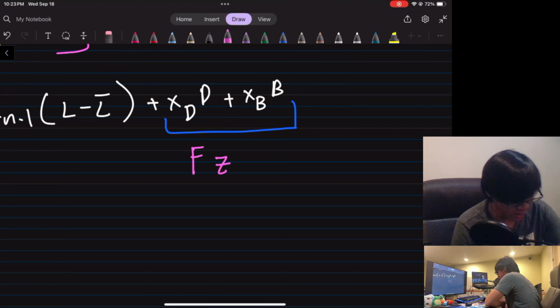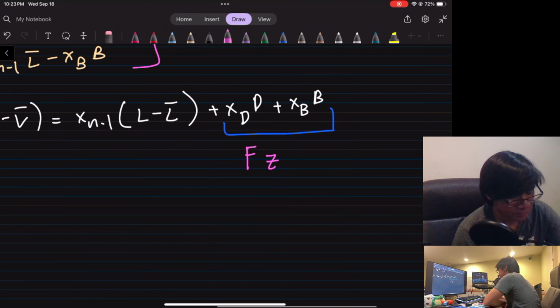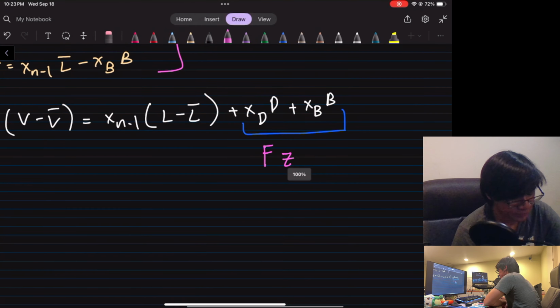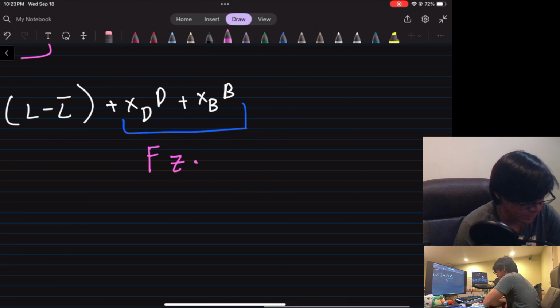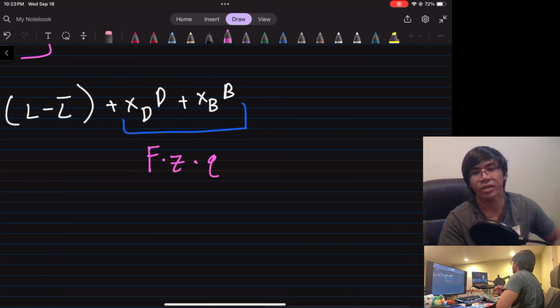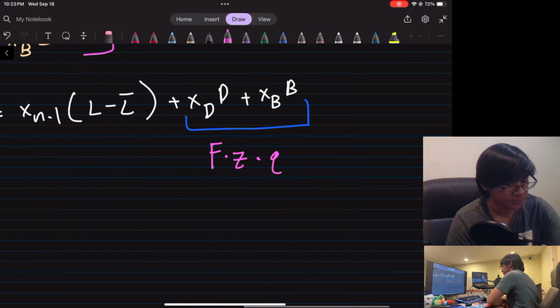So Z, and I'm not missing anything here. Oh yeah, it's for our liquid mole fraction as well. So that is times Q as well. Since Q, remember, Q is the liquid fraction of our feed, and these are our X's, so both liquids.